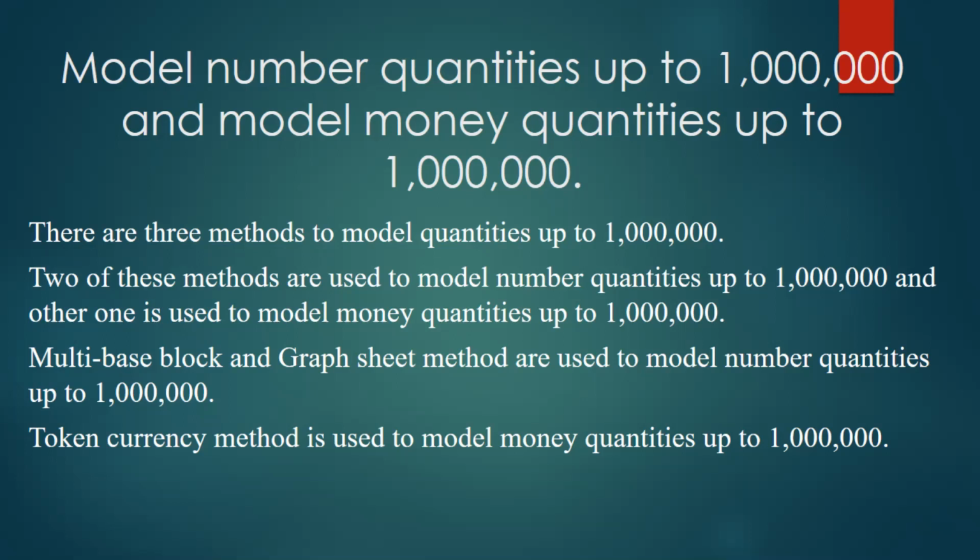The methods we use to model number quantities are the multi-base block and graph sheet methods. The token currency method, which is the third one, is used to model money quantities up to 1 million.